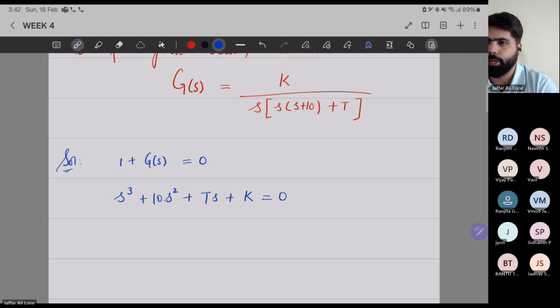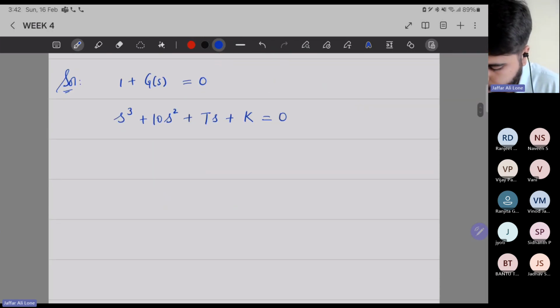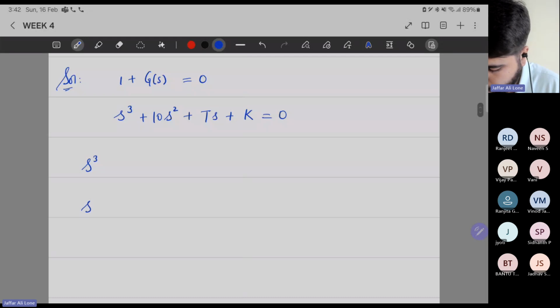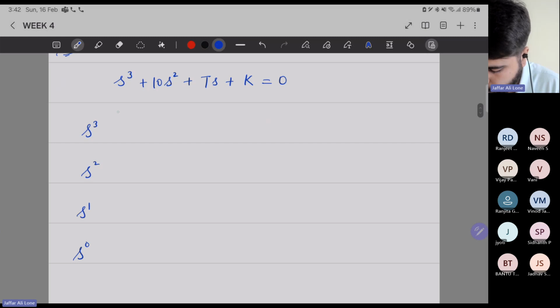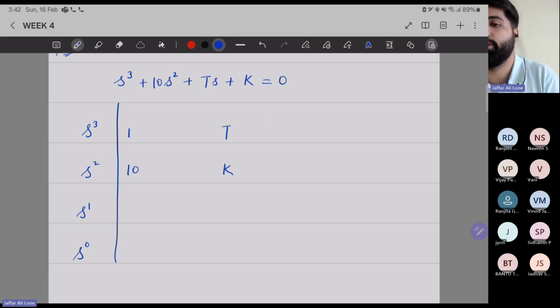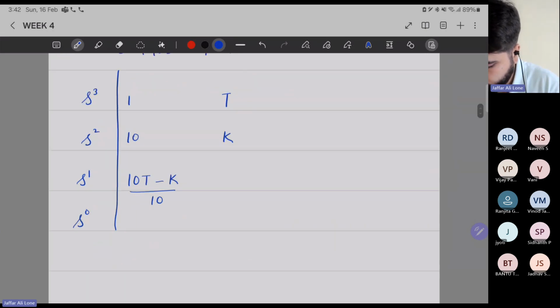I have made it relatively simpler for you. Now you should be able to solve it. How do we proceed? s cube, s square, s1, and s0 rows will be 1, t, then 10, k. Then s1 will be 10t minus k over 10, and 0 here. Similarly, here it will be k.